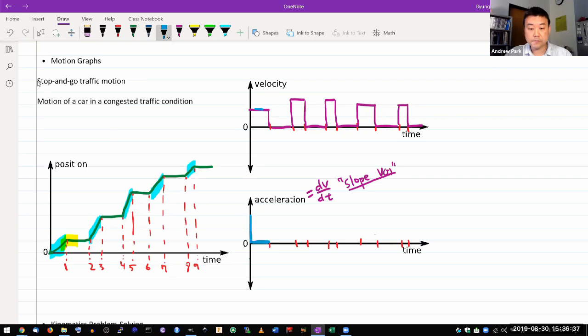And let me do all the segments right now and get it out of the way. You see that for all the segments between 1 to 2, 2 to 3, 3 to 4, they are all flat. That's a part of the approximation I made. So acceleration during all these periods within this approximation is 0 between these transitions.